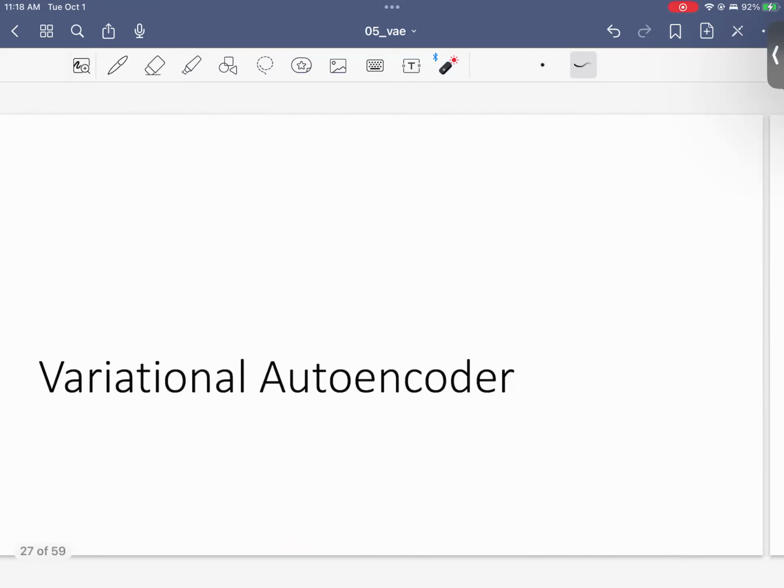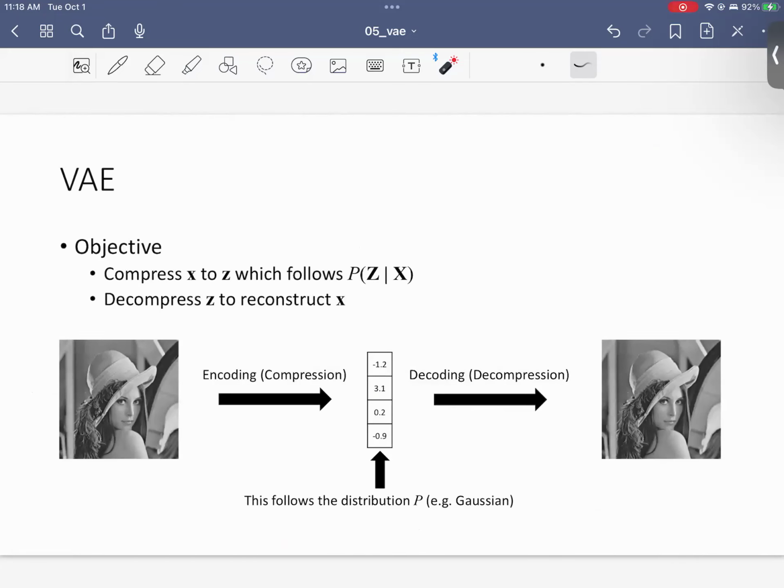All right, moving on to VAE then. The objective of VAE is actually pretty simple. If you look at the loss function, VAE is nothing but an extension of autoencoder. Just like denoising autoencoder or sparse autoencoder, variational autoencoder is just another extension of autoencoder.